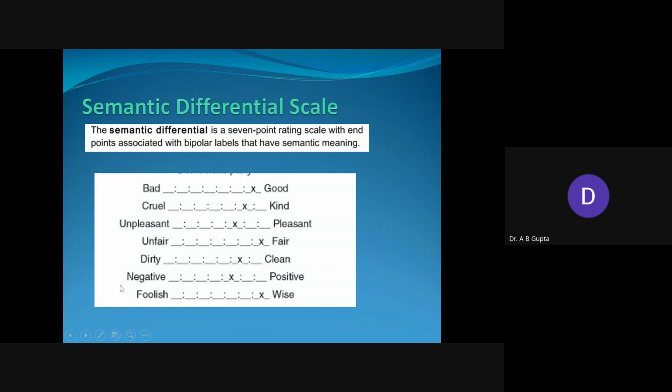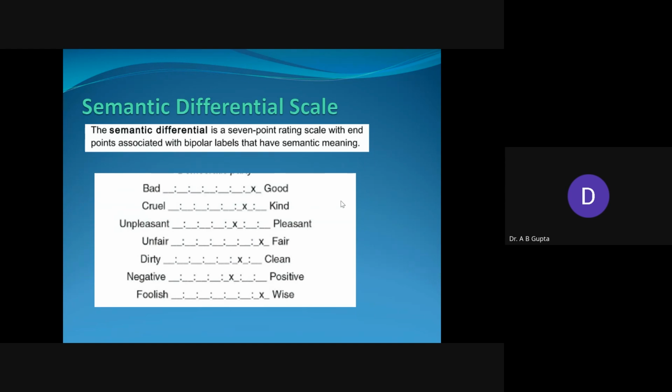So the main thing is it is a 7 point scale, and it has bipolar adjectives or bipolar labels when we are making this scale. You can make your own semantic differential, but you have to use adjectives which are quite opposite to each other.